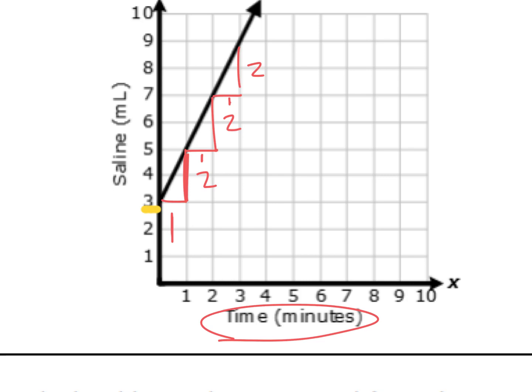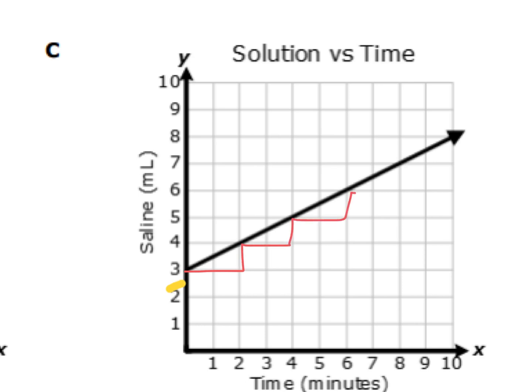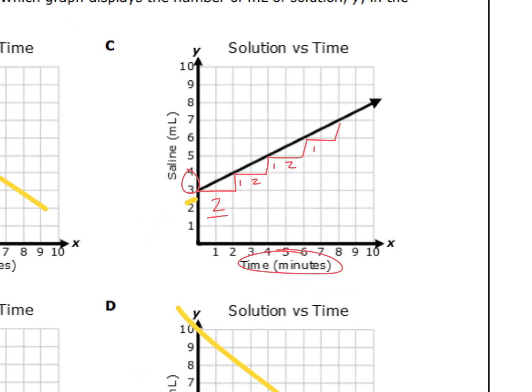So let's go to the next one up here on the top, and let's look at C. 2 minutes goes by, because minutes are down here. 2 minutes, 1 drop. 2 minutes, 1 drop. So this one says for every 2 minutes, we go up, we get 1 drop of liquid.